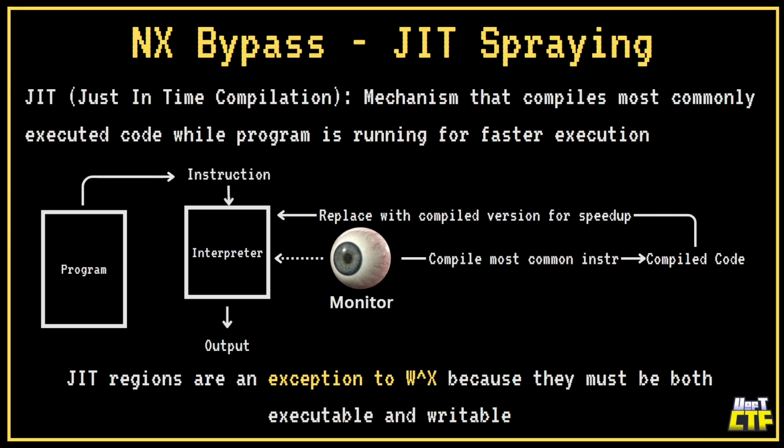So you need to write the compiled version of those instructions. You want to be able to write it to some section, and it's also code, so you want to be able to execute that as well. So an example section of the program that is both writable and executable is the JIT section.